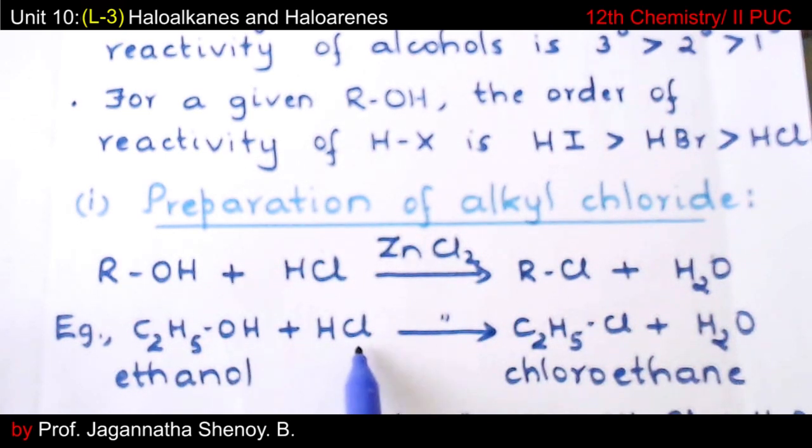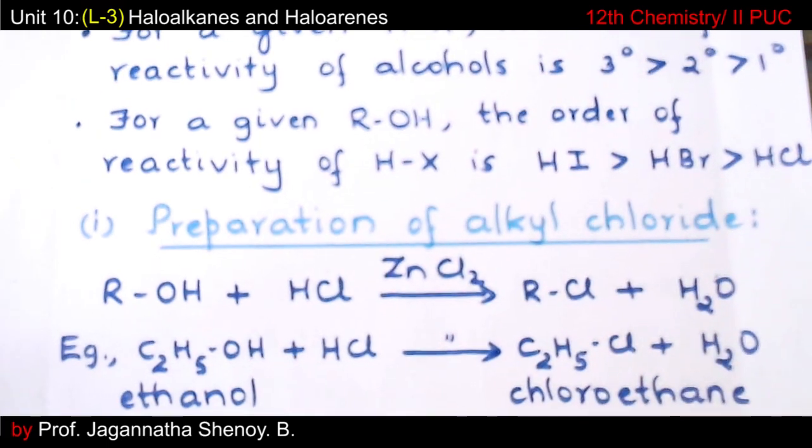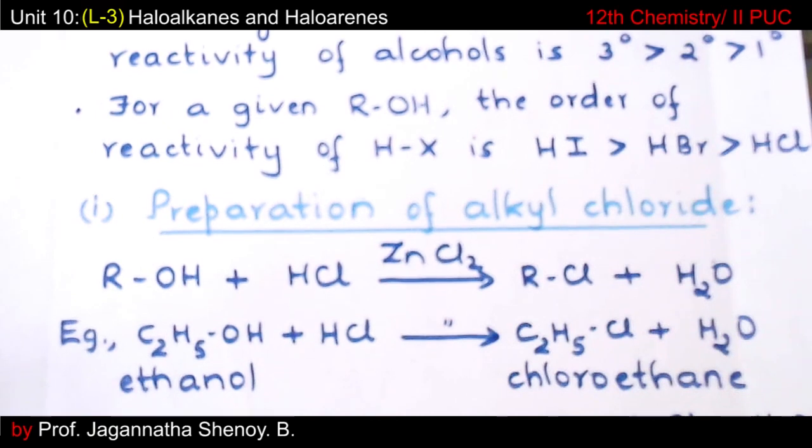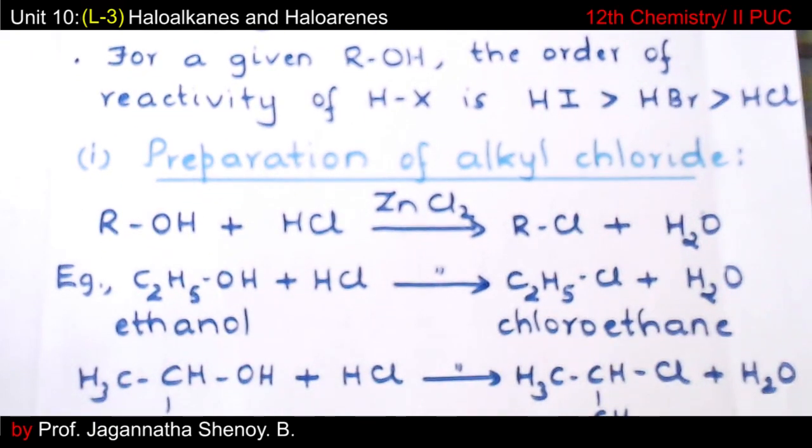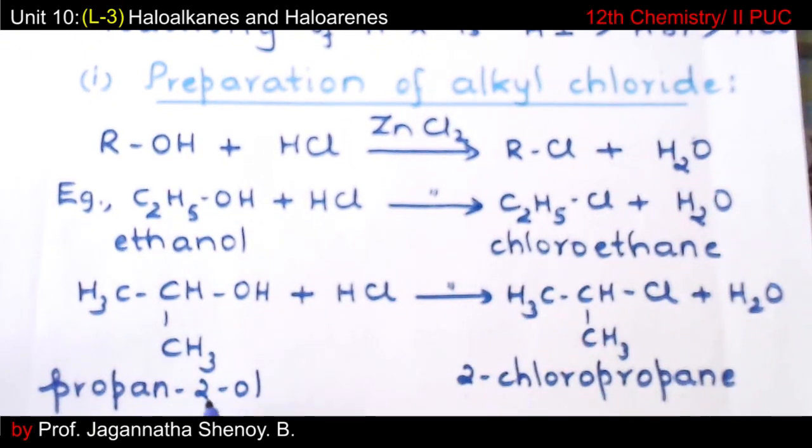It reacts with HCl in presence of zinc chloride, gives you chloroethane or ethyl chloride and water. Same way, they can ask you, how do you convert isopropyl alcohol or propane 2-ol into isopropyl chloride or 2-chloropropane? The equation is similar. You write the structure of propane 2-ol, treat it with HCl.